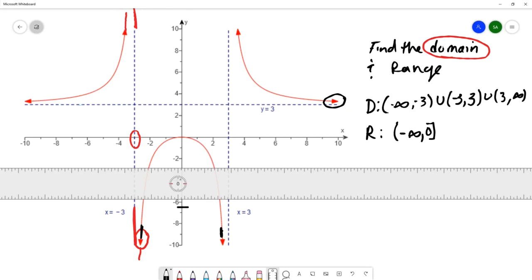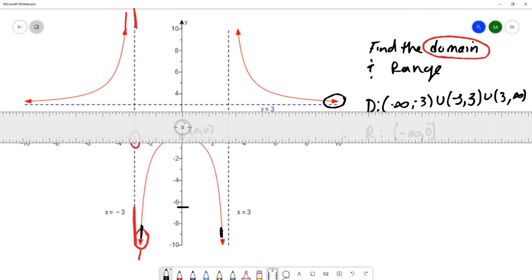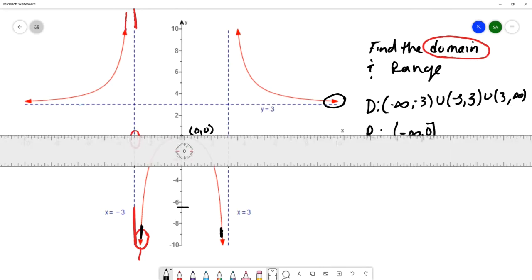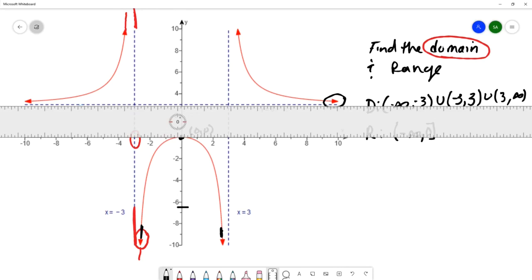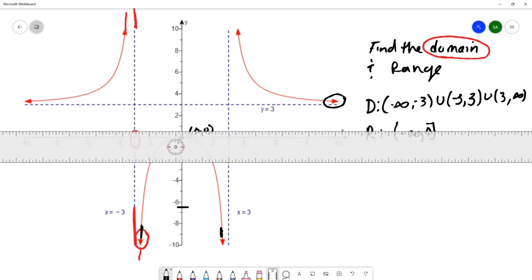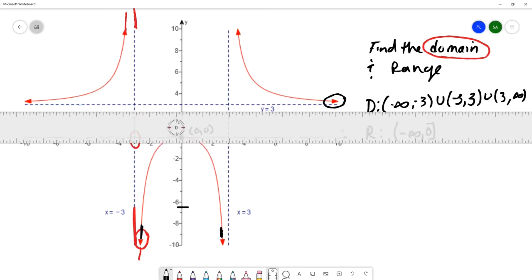This point right here, (0, 0), is a point that's on the graph, and 0 should be included in the range. Beyond 0, this whole section in between (0, 0) and y equals 3, this line, there are no portions of the graph, so there are no y values along this section.